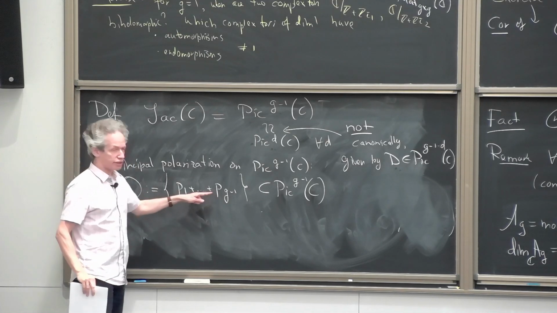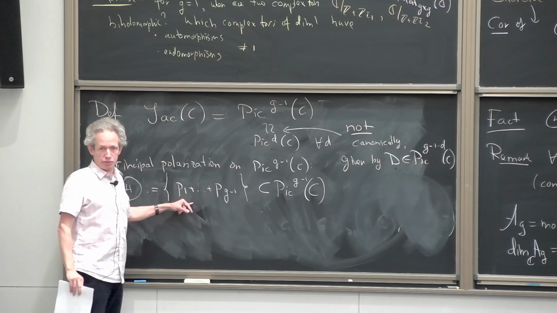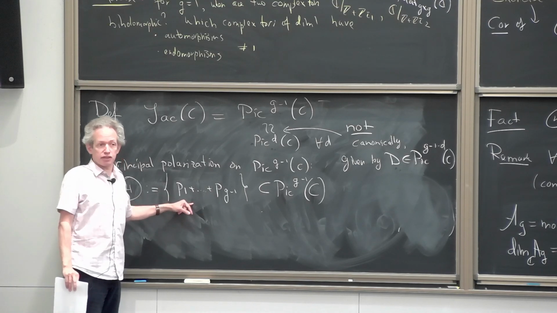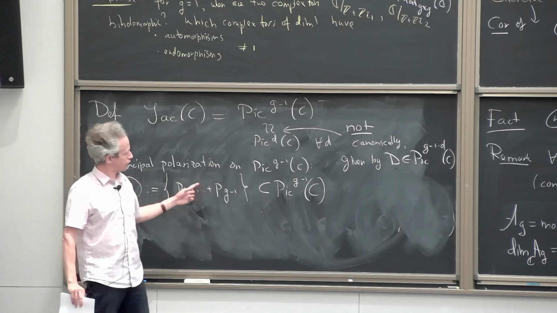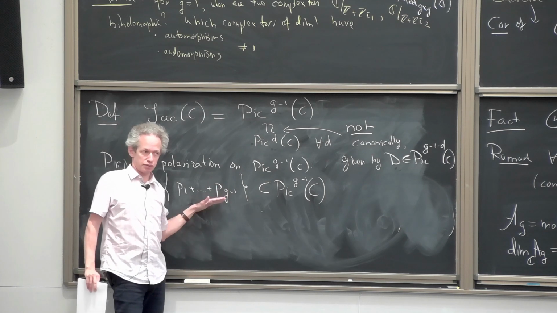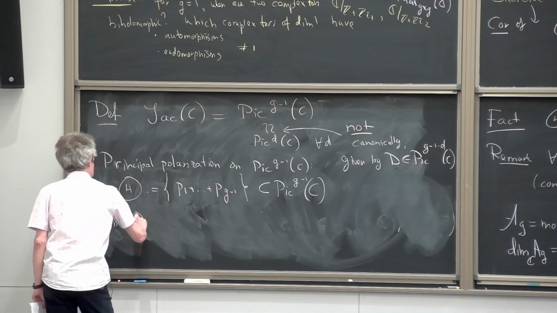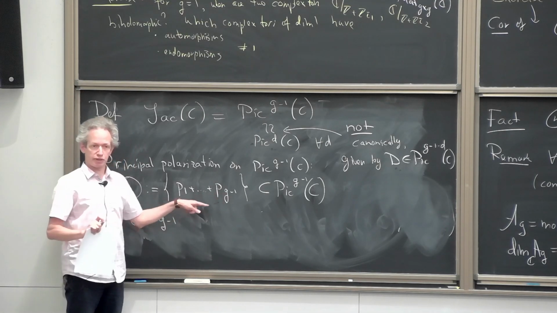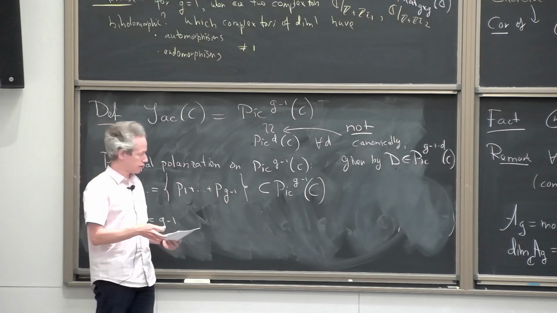What I wrote here is a linear combination of arbitrary g-1 points in the curve, right? This is manifestly a divisor of degree g-1. Of course, in Pic, I'm not thinking about this. I'm thinking of its equivalence class up to principal divisors. But what I wrote looks like it should be of dimension g-1 unless they're somehow linearly equivalent to each other easily.